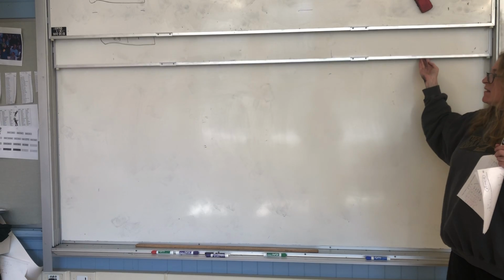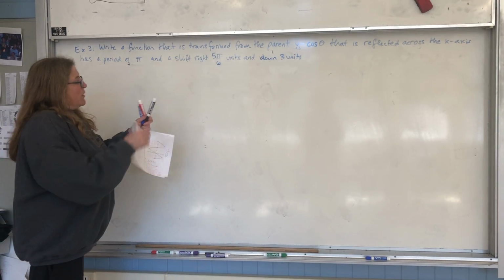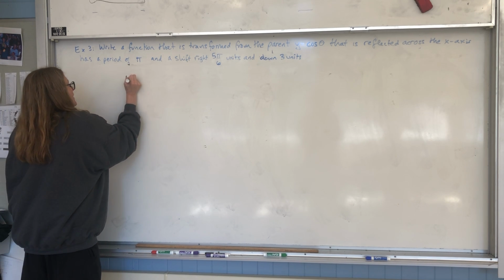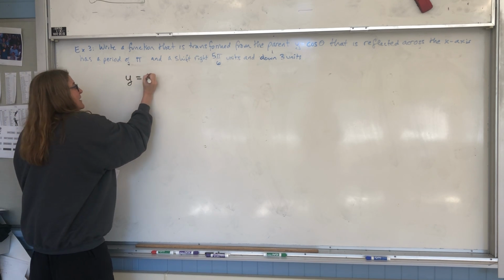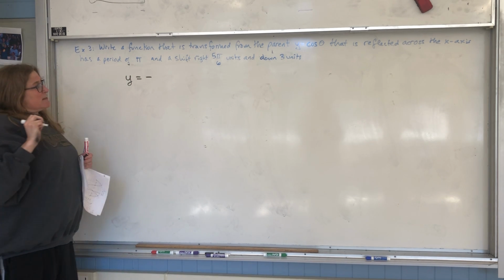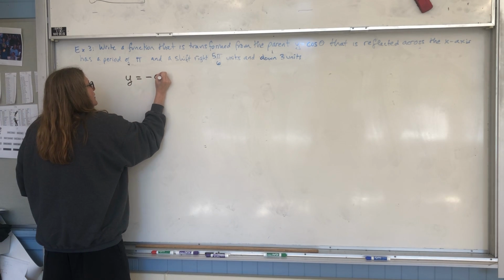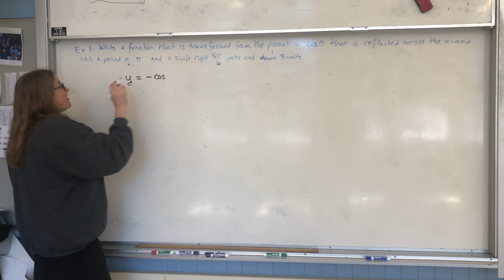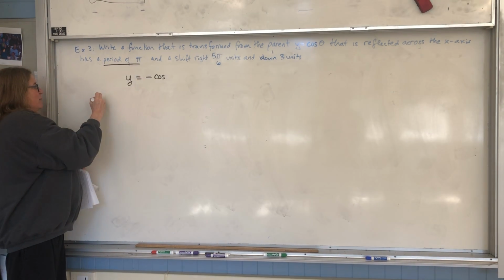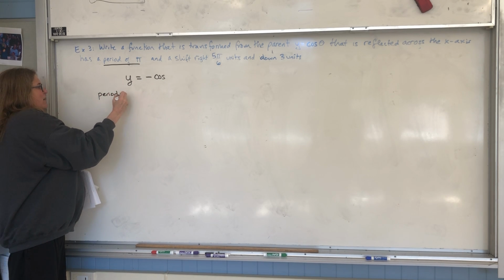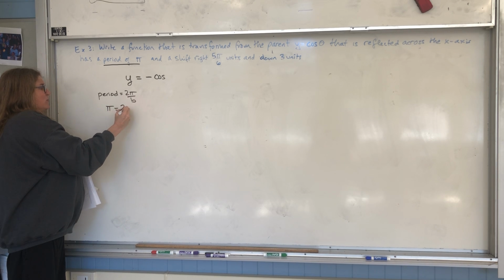Let's look at the description. So they're saying that this time our parent function is cosine. They're saying here that it's reflected across the x-axis, just like the last lesson. It doesn't say anything about vertical stretch or compression. It does tell me, though, that I have a period of pi. And if we remember, period equals 2 pi over b. So I can say that pi equals 2 pi over b.